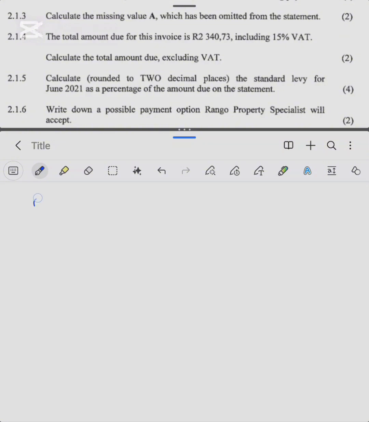So all I'm going to do is take that balance, the 2,340.73. They tell us it includes VAT. So to get rid of the VAT, I'm going to divide by 1,15, and the 15 being because it's 15% VAT, which they do tell us in the question. And when you do that, you should get to a final answer of 2,035,42.